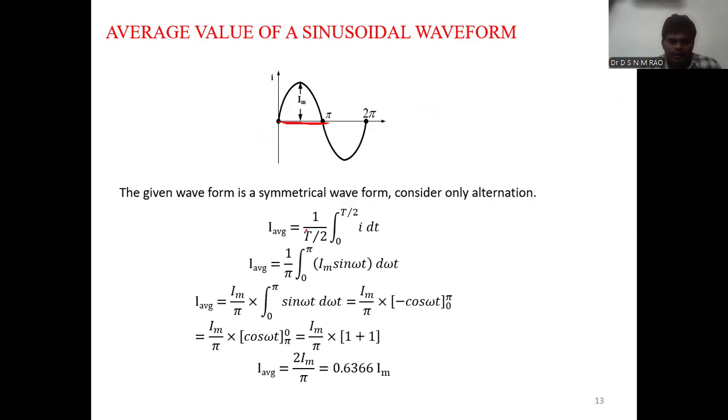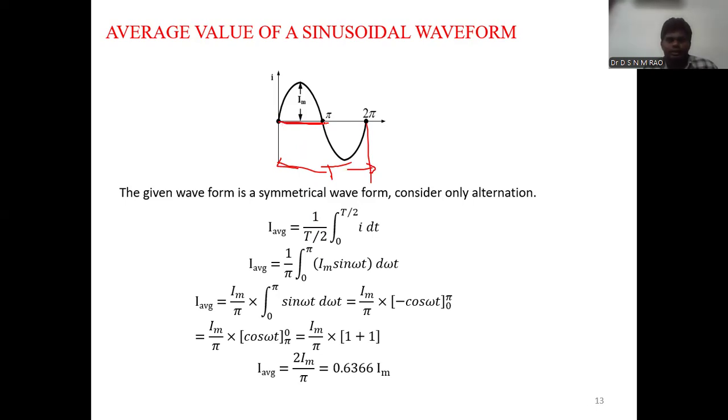So we write the average value of current for the given signal as 1 by T by 2. The time required for completion of one cycle is the time period T. Since we are calculating the average value for half cycle only, the time period equals T by 2, which is 0 to pi only.